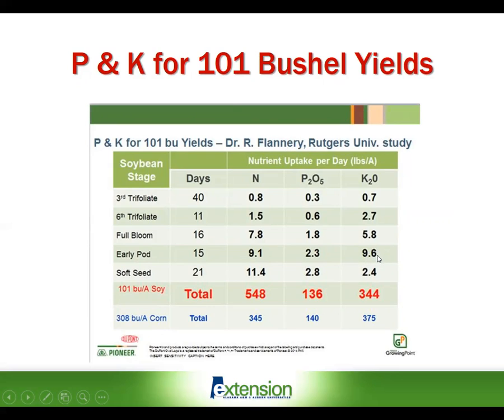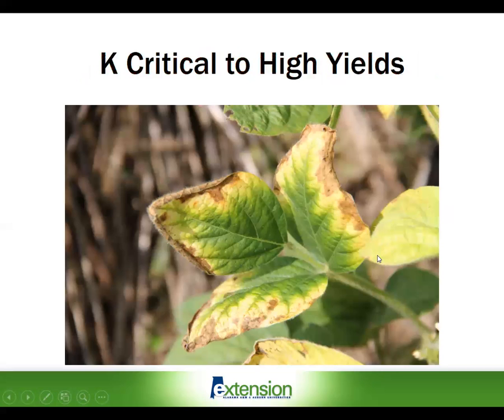That's a lot of potash. So this is what the symptoms of potash deficiency look like in the leaf. As you can see, you get the yellowing around the margins of the leaves, and as it becomes more severe, you get necrosis, in other words, the deadening of the plant tissue.